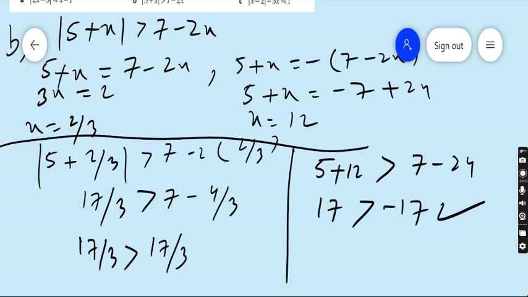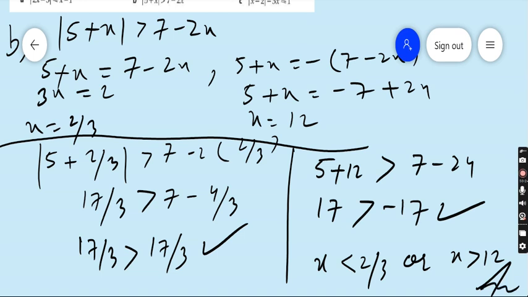So both values are correct, and because the greater than sign is present, we have to write x is less than 2 upon 3, or x is greater than 12. This is our answer.